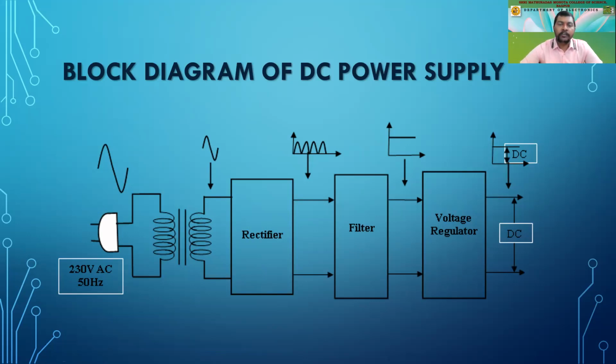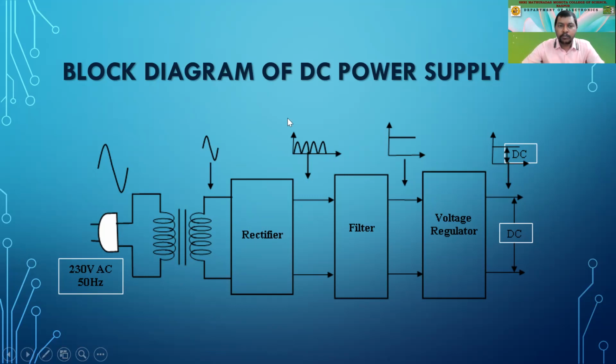It just requires say 5 volt or say 12 volt DC, right? And for that, these power supplies are required to convert this higher voltage, that is 240 volt AC, into say 12 volt DC or a 5 volt DC. For that we require this circuit. So power supply is actually the energy source which we are going to provide for the circuits.